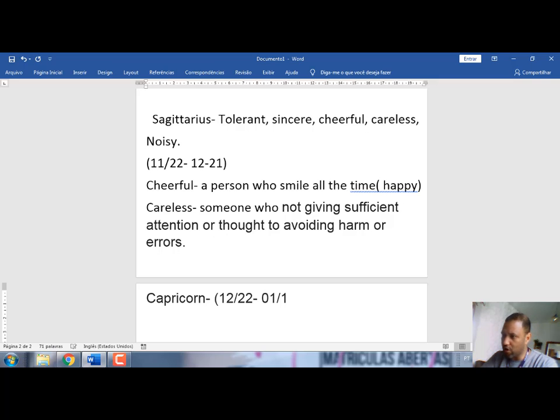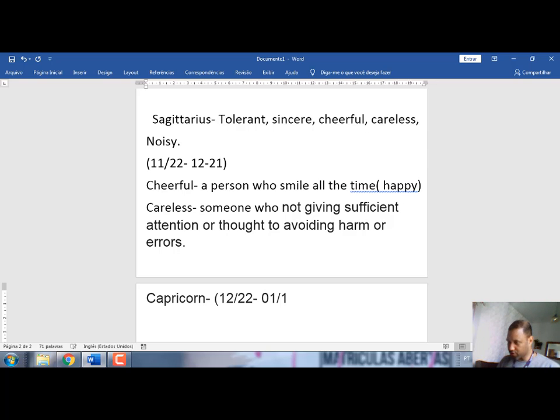Leo, who was born from July 23rd until August 22nd.